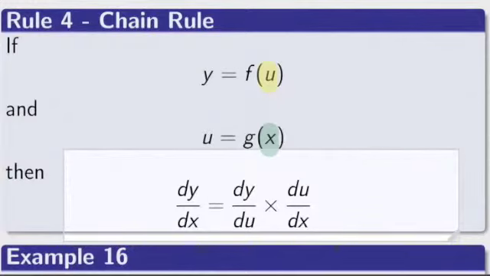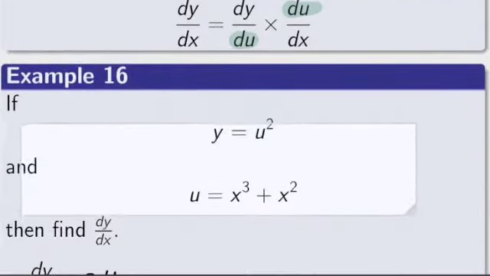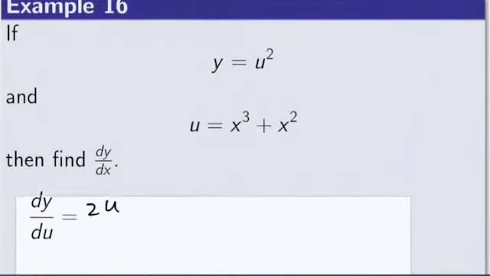Notice the du term in the denominator and also the du term in the numerator has a cancelling effect to give you dy dx. So let's look at an example. Example 16.